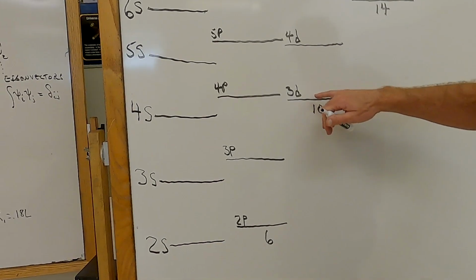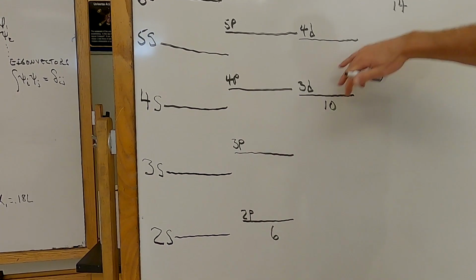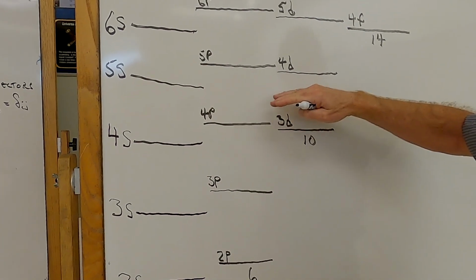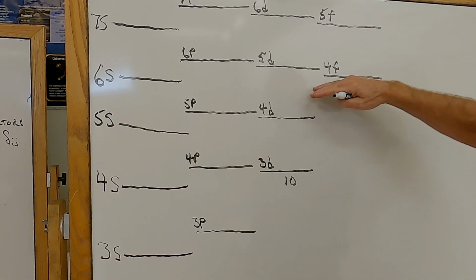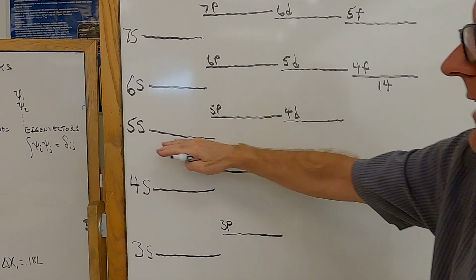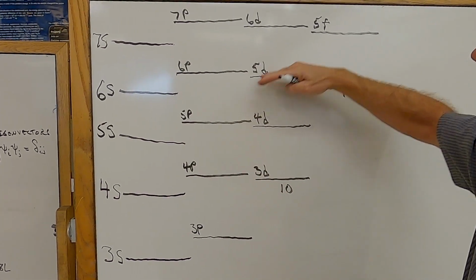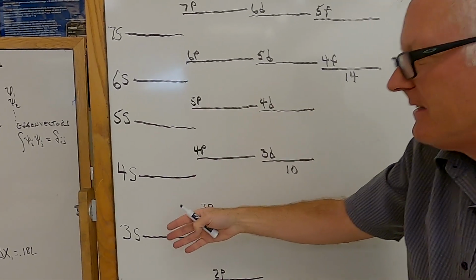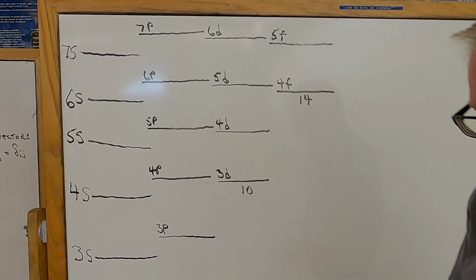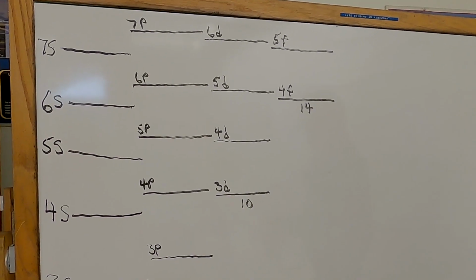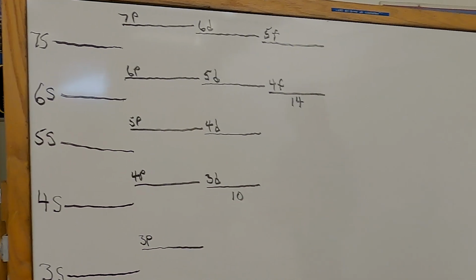You notice how this is kind of working its way up this way. 4s, 4p, 4d, 4f right here. And this likewise 5s, 5p, 5d, 5f. So they all kind of go up this way because of the penetration in below. So now that we have that, now we can make up what's called the periodic table.